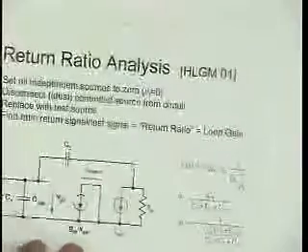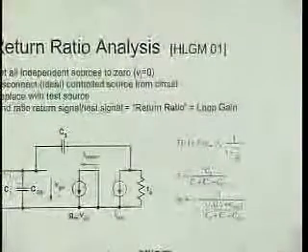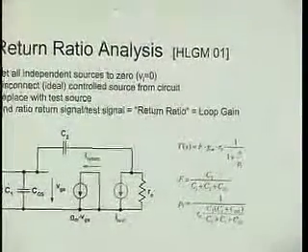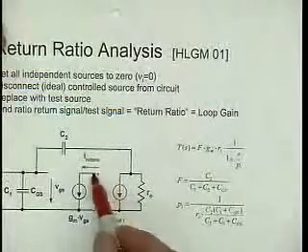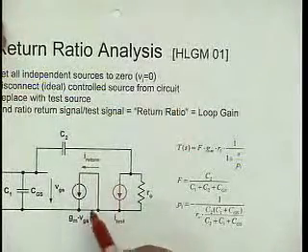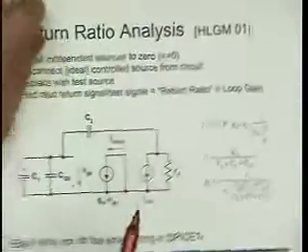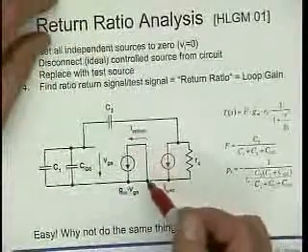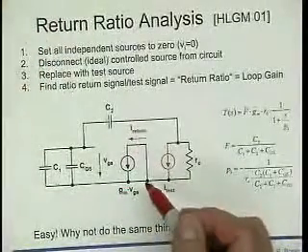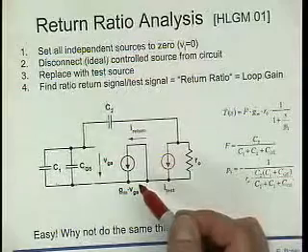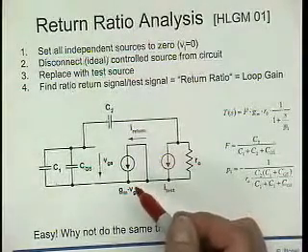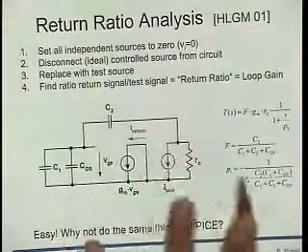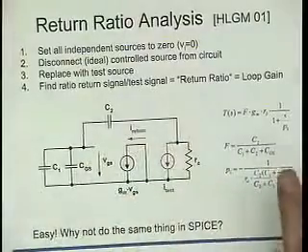So that's what's done in the next slide here. I broke my feedback loop, and I now figure out what the current is flowing out of my ideal current source. Conveniently, I short this current source. It doesn't really matter what I do with it, because it's ideal. I could leave it open, and somehow an ideal current source still manages to run the current through an open circuit.